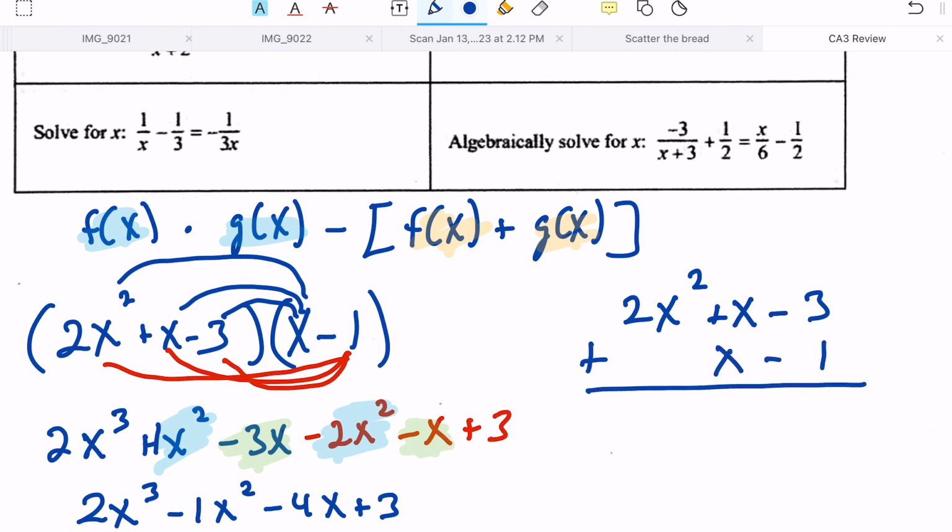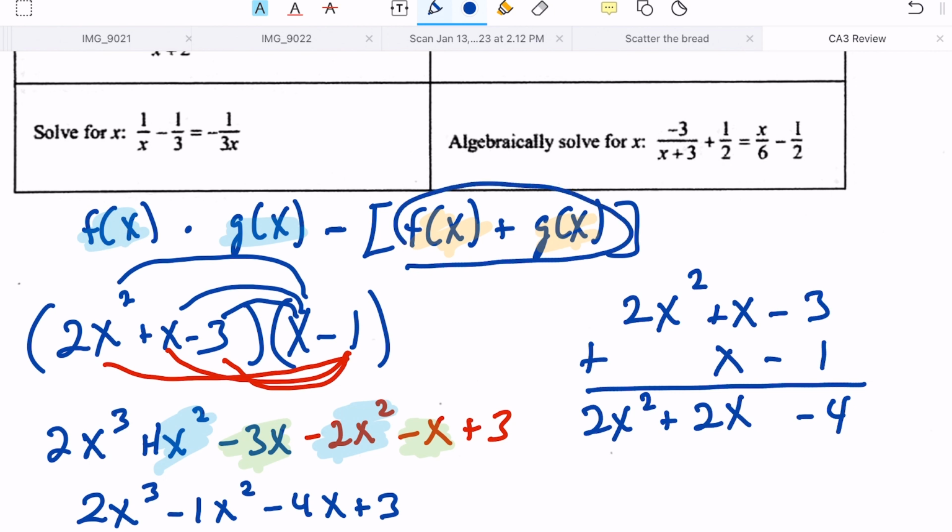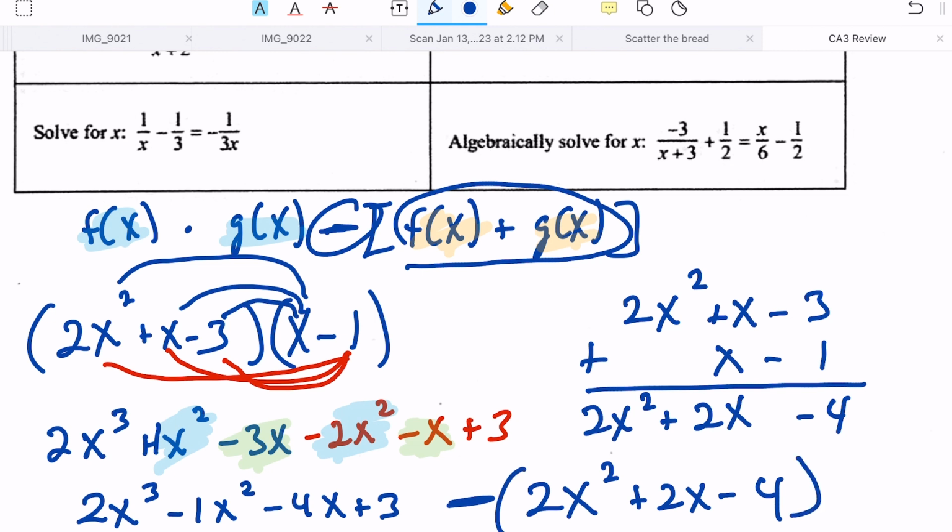Okay, so now we have to subtract. When we subtract, that essentially changes the whole sign of that one.